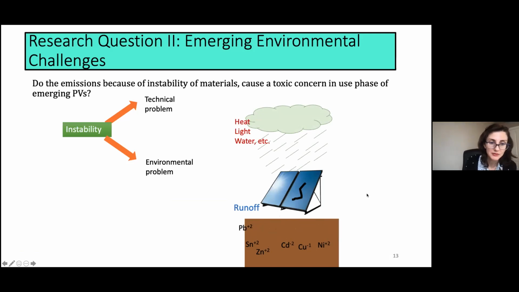Or it may end up in your water through the rainwater harvesting system or the stormwater management system. These are all the possibilities. So we wanted to understand if we have a problem here from the toxicity perspective.